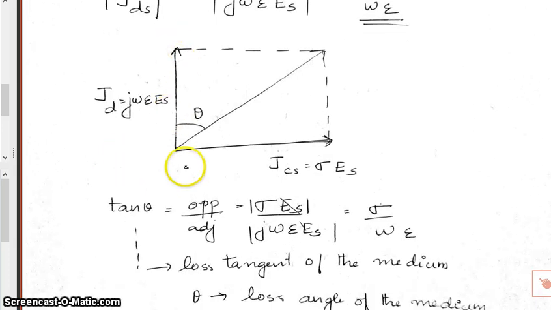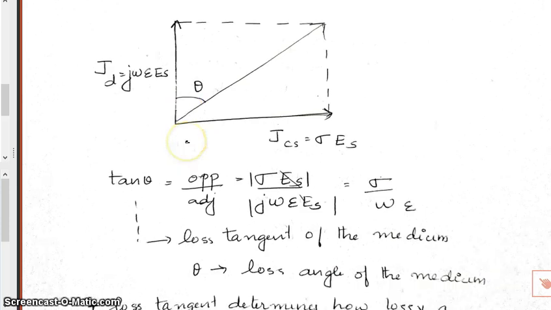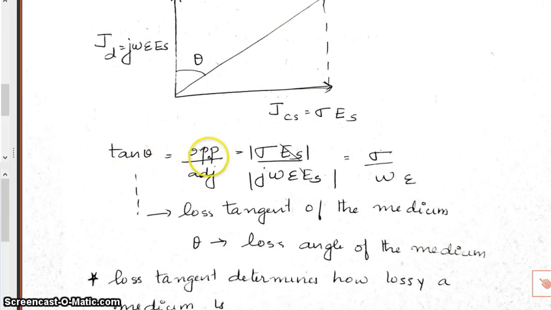Now if I draw a graph with the current density along the x-axis and the displacement current density along the y-axis, and draw a line such that it makes an angle theta with the y-axis, then I can write tan theta is equal to, you notice, opposite by adjacent. So I can write sigma Es by j omega epsilon Es.